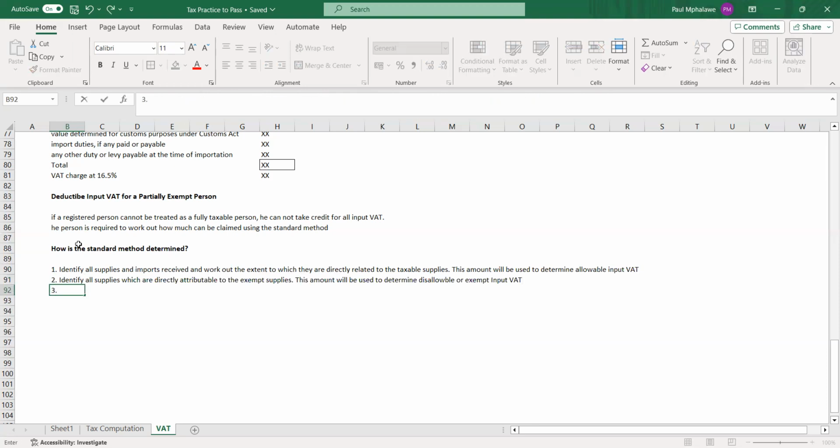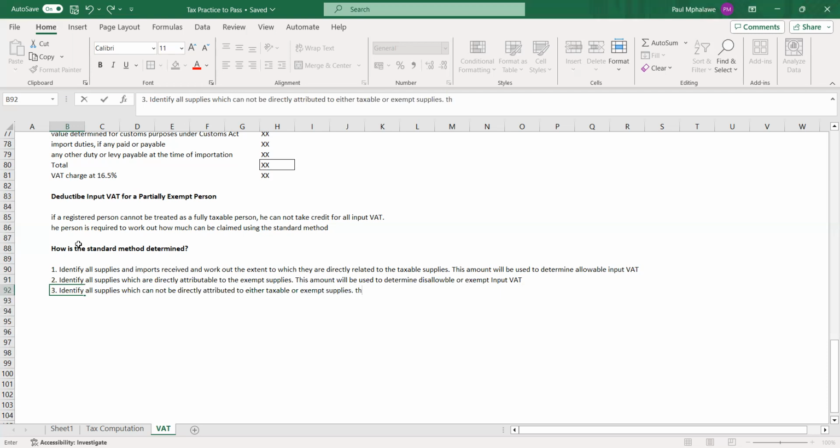Number three, you gotta identify all supplies which cannot be directly attributed to either taxable or exempt supplies.